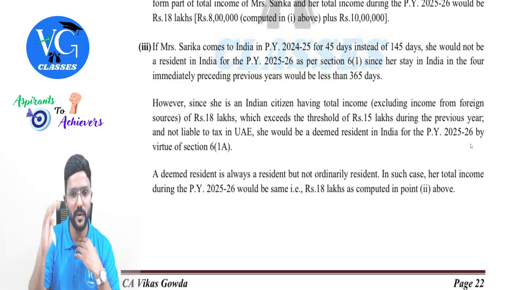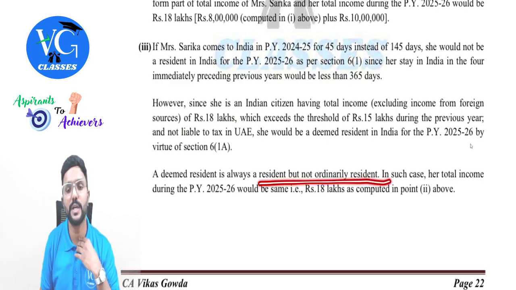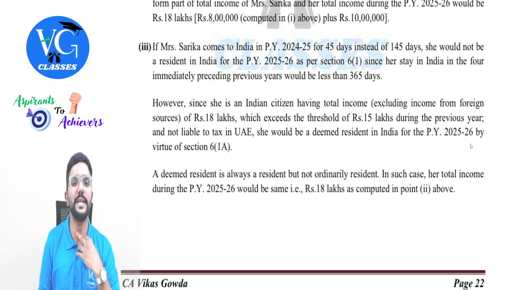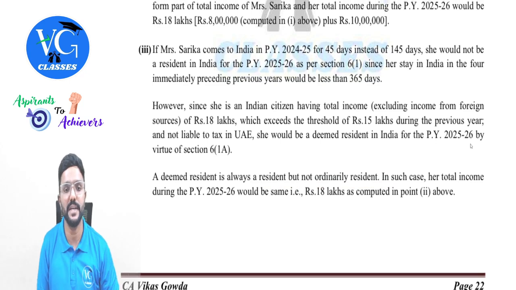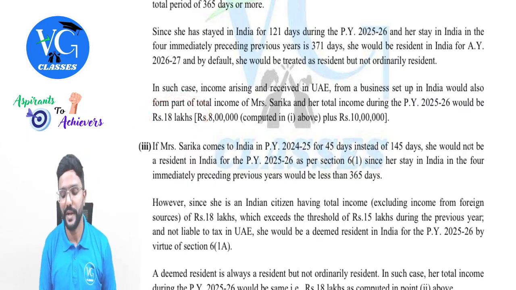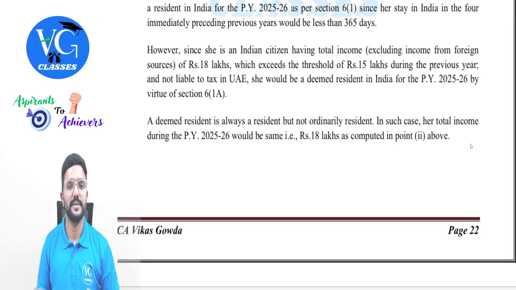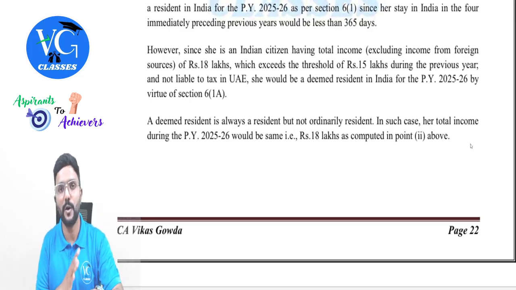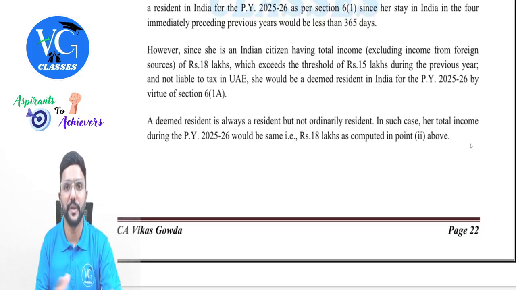A deemed resident is always resident but not ordinary resident in India. And what would be her total income if she is a not ordinary resident? It will be the same 18 lakh, including the 10 lakhs. Is that clear? Yes, guys. So this is all about chapter 2 revision, guys.